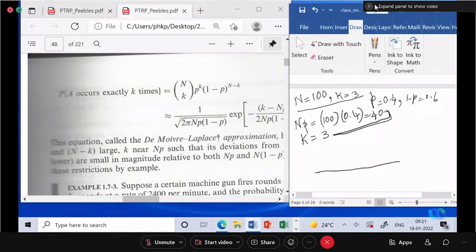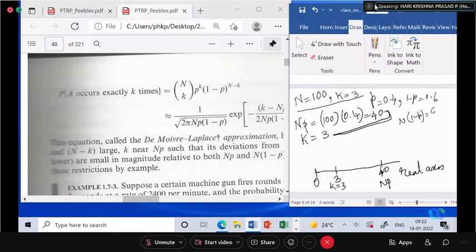Where is np? This is the real axis. So all numericals are placed. Say 0 is over here. K, 3 is here. Okay. This is k equal to 3. Then what is np? np is 40. Probably 40 is here. What is n into (1 minus p)? 60. Probably 60 is here.